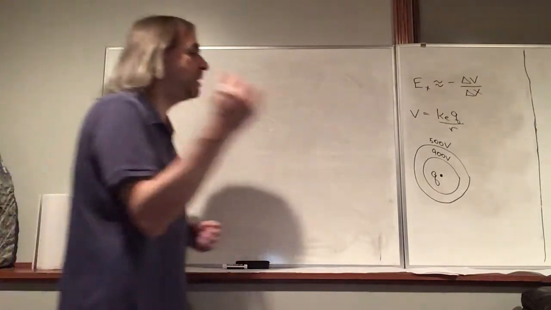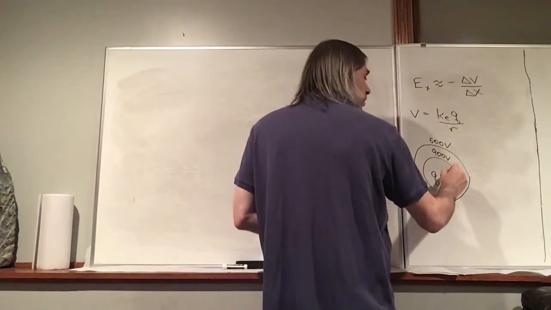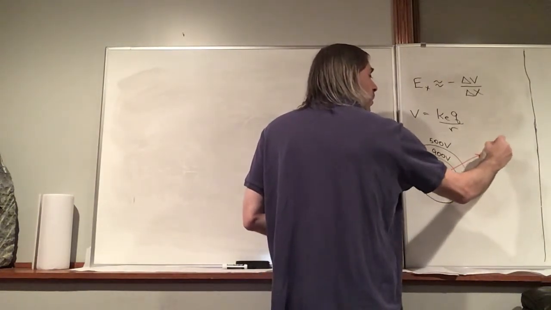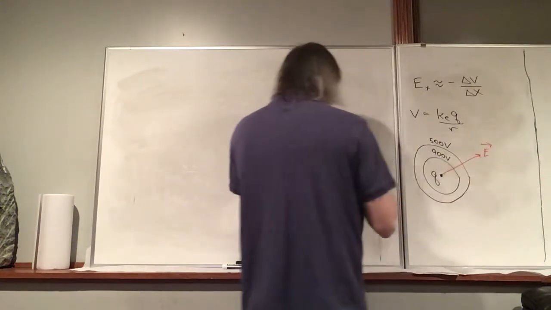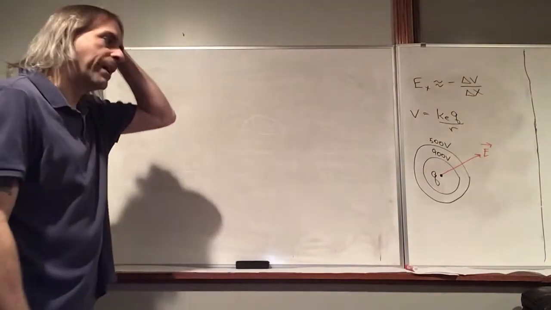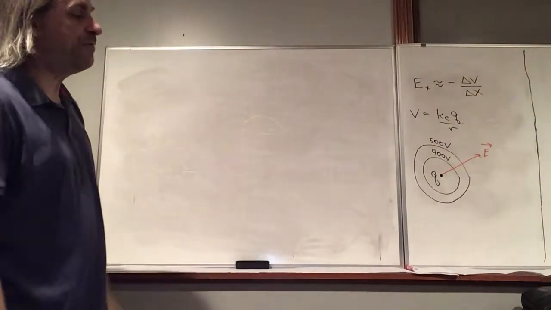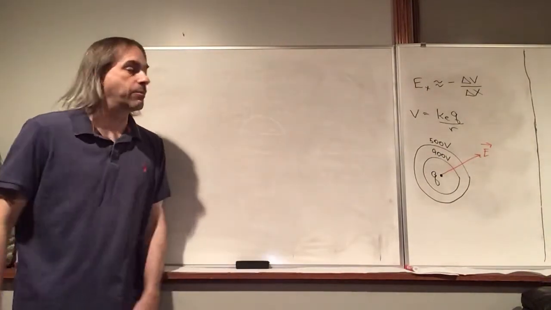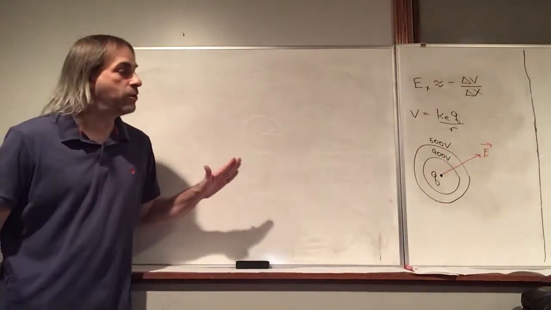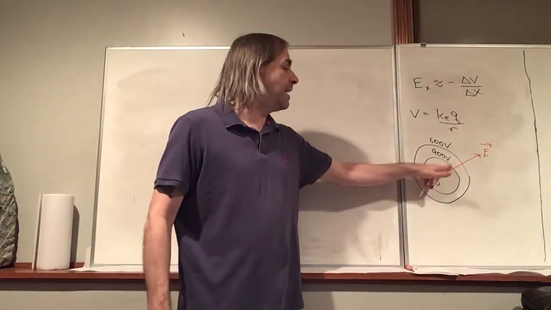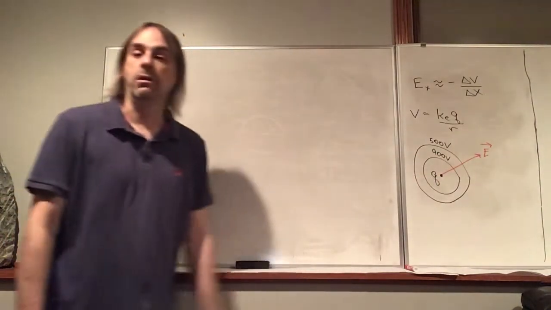And it's a positive charge, so the electric field is going to point radially away. Okay. Now, one thing we can see from this, if we follow the electric field in the direction that it's going, I mean, the electric field isn't really moving anywhere, but if we just follow it in the indicated direction, we're going from 900 volts down to 500 volts.